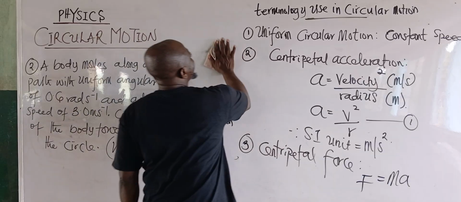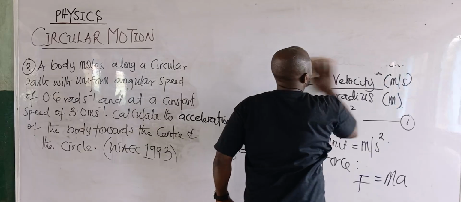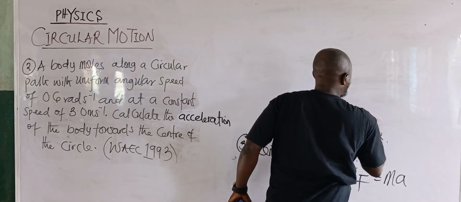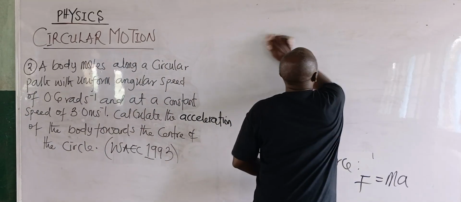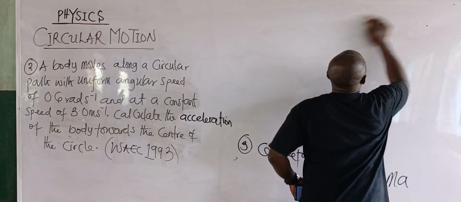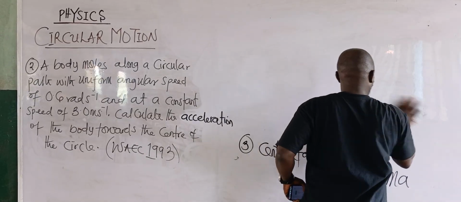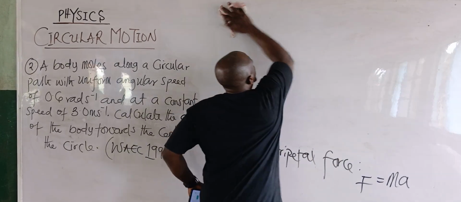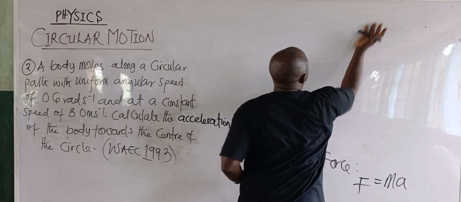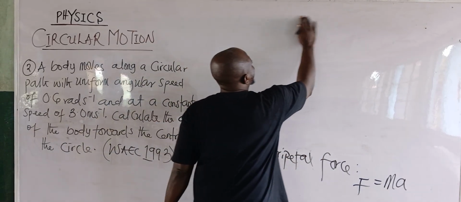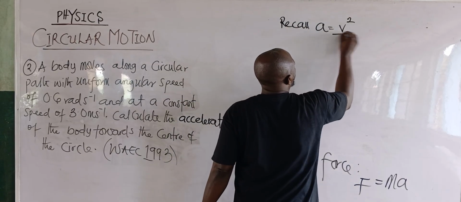But we already know that acceleration has already been given as v squared over r. So recall that A becomes v squared over r.